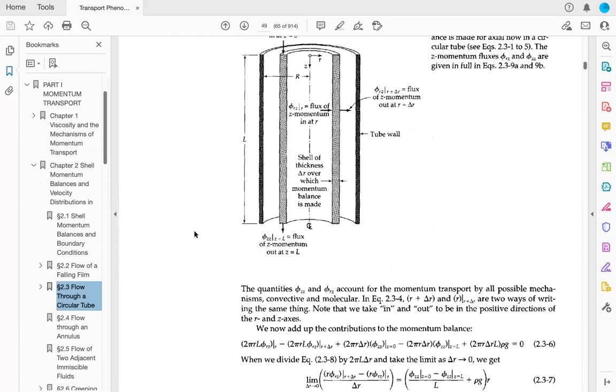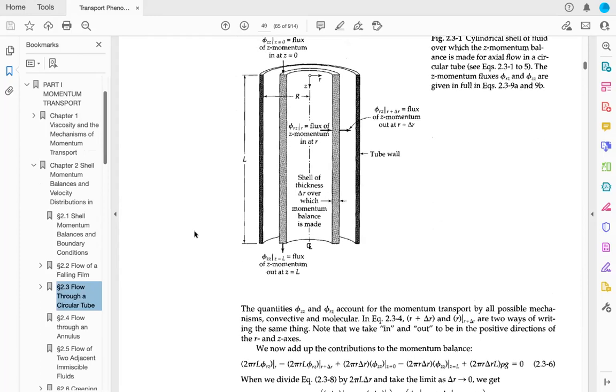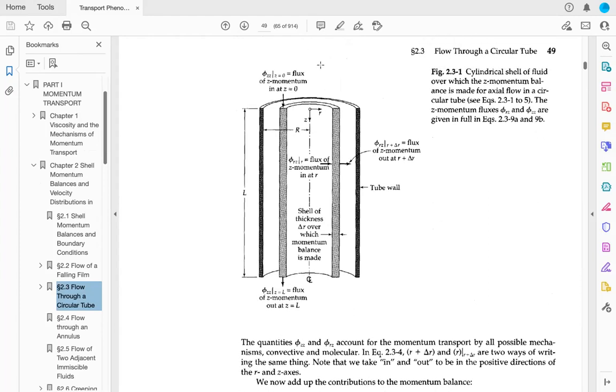Let's try to do this with the equation of continuity and also the equation of motion.